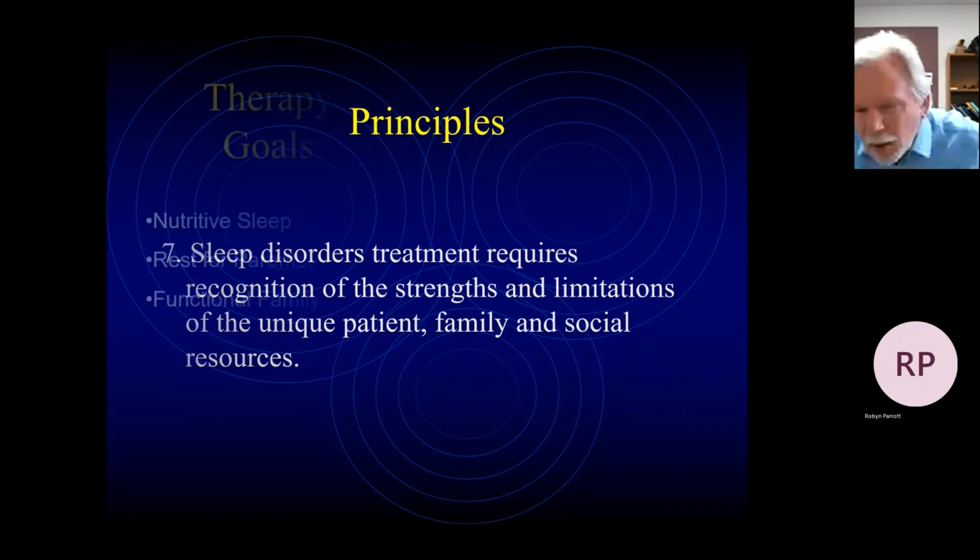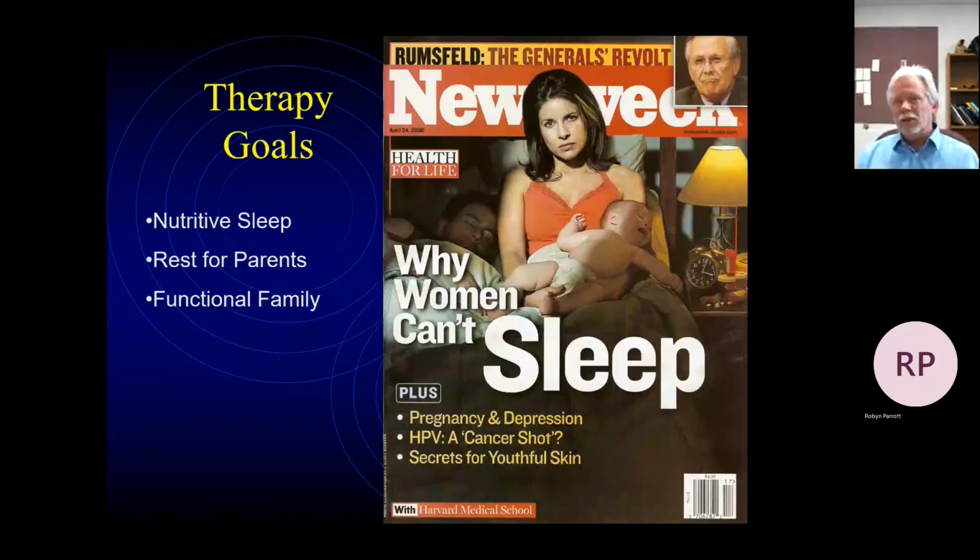Also, there's an old cover of Newsweek magazine that has not been surpassed, in my opinion, for expressing frustration with a sleepless child. What we can see is the mother, the baby's crying, the clock says 3 o'clock, and somehow the husband is able to sleep through this.